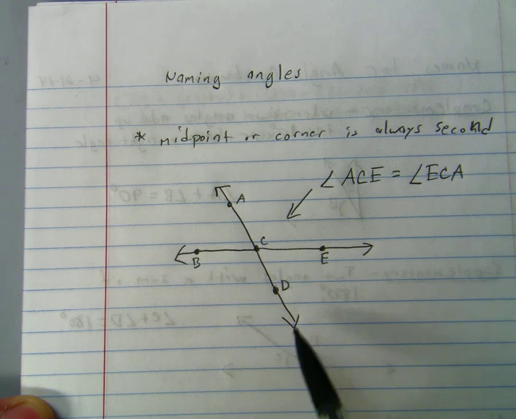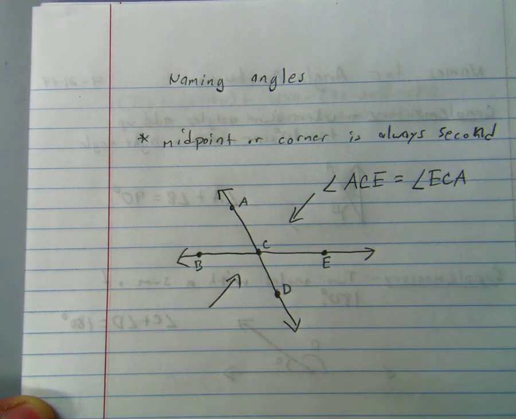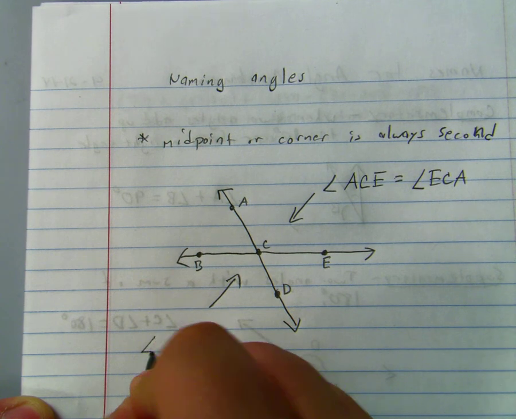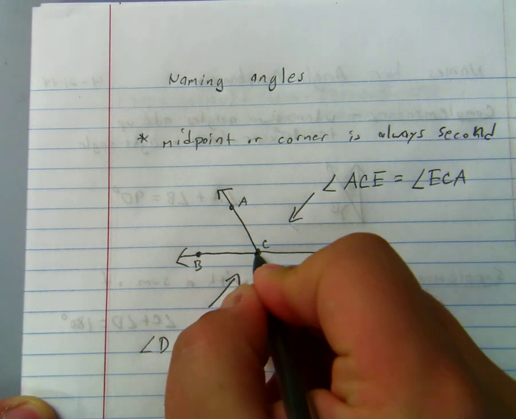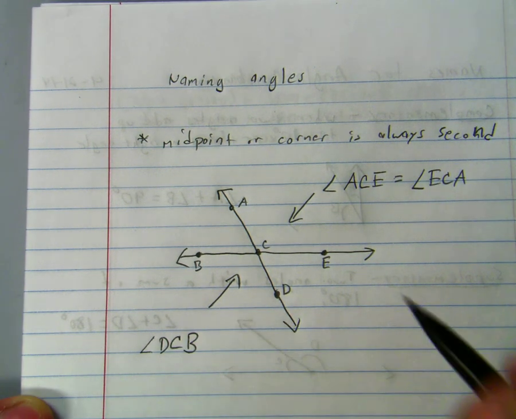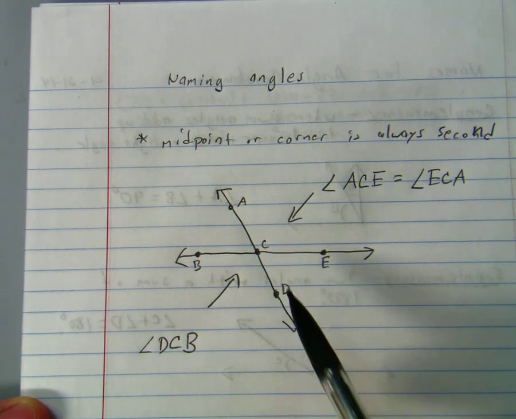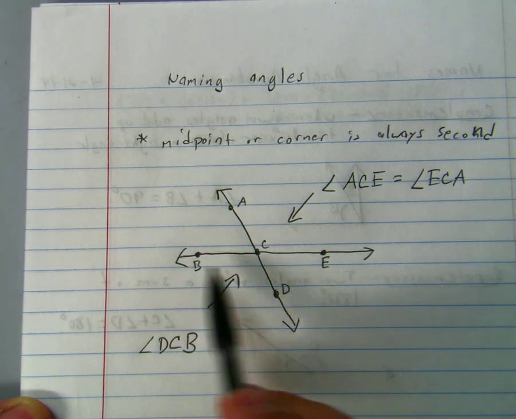So what would this angle here be? Okay. Put your angle sign. Let's start with this one. So I start here, travel here, so C is my center point, and then B. The reason C is always the center point in all of these angles is when you're making the angle, C is always the second point you're going to get to.